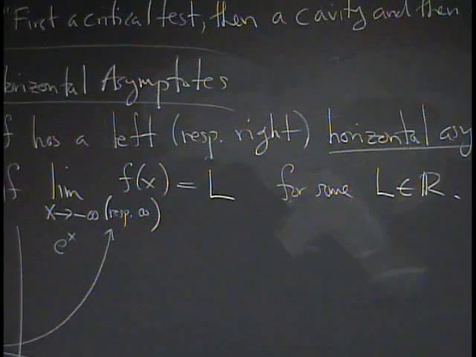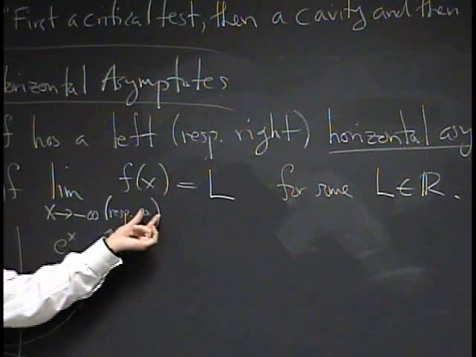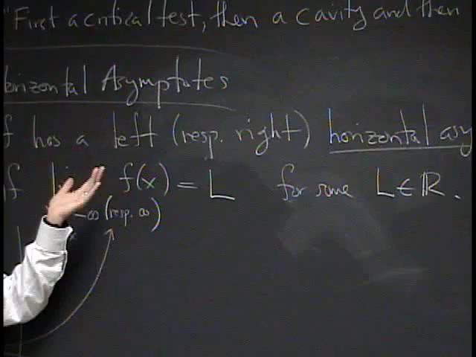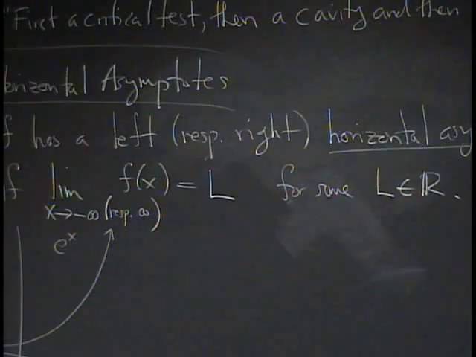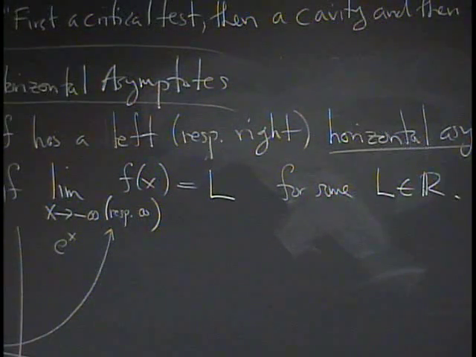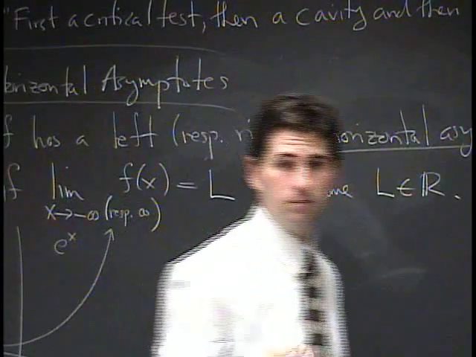Okay, so these are the horizontal asymptotes. And we have a lot of experience with taking these limits as x goes to minus or positive infinity of any function. So an example that we worked before, or close to one: if we let f of x equal, say, (2x cubed minus 4x squared plus 1) over (3x cubed minus 5x minus 6), you ask, what are the left and right horizontal asymptotes, if they even exist?